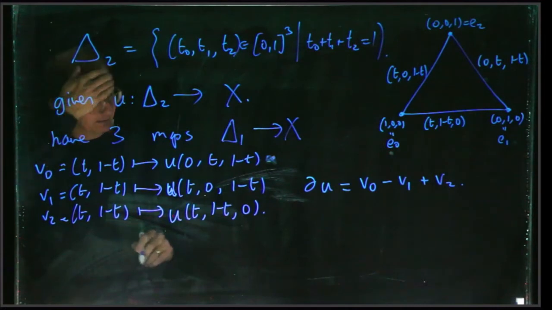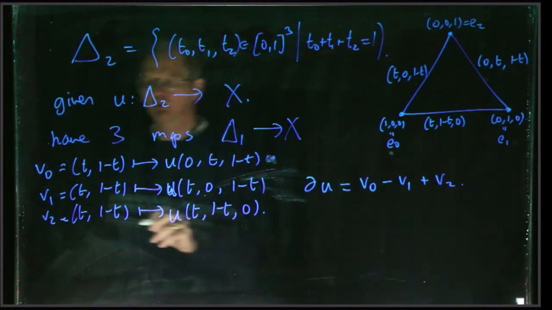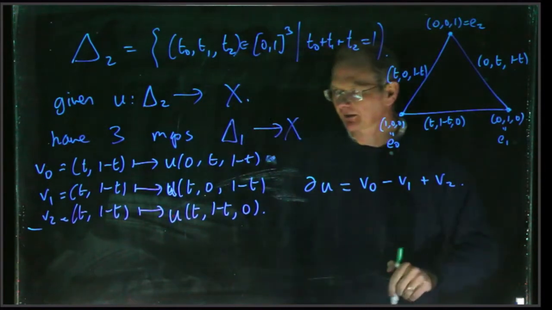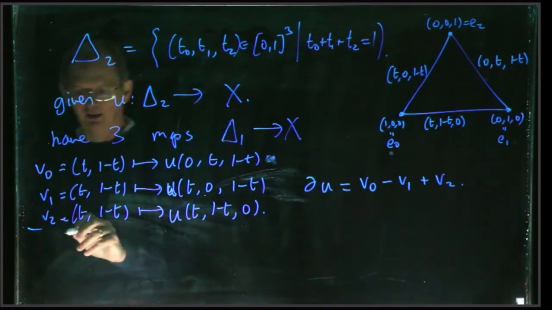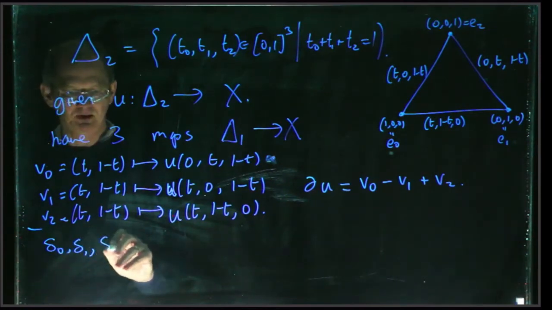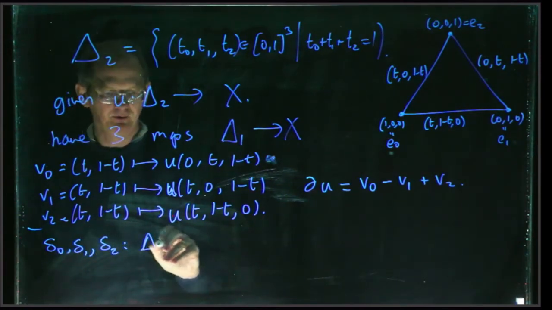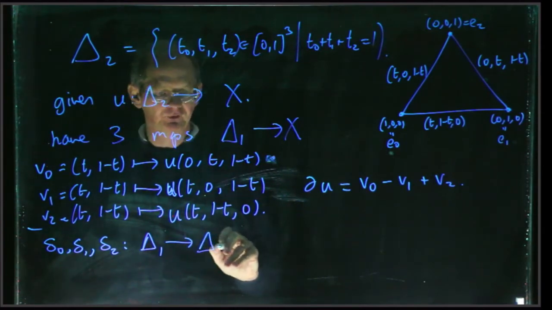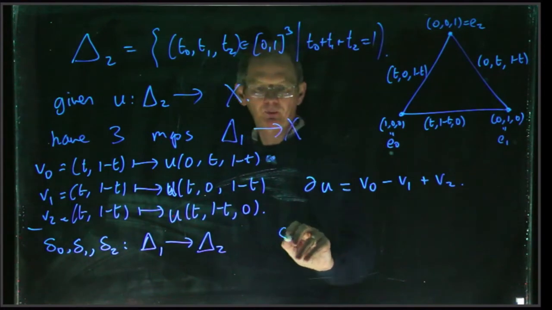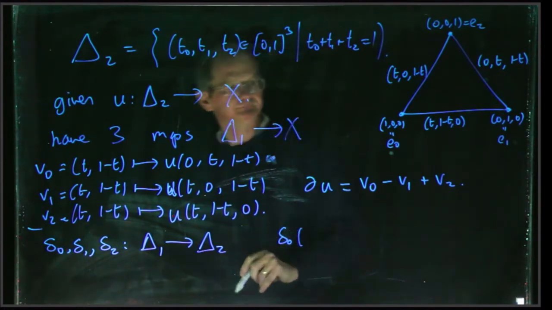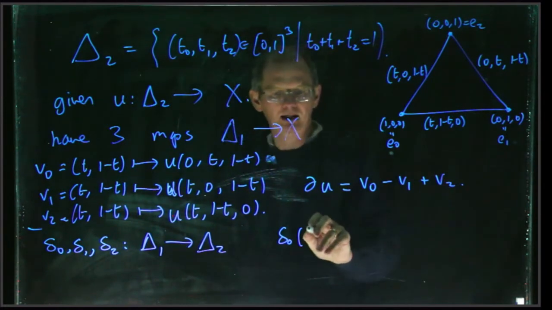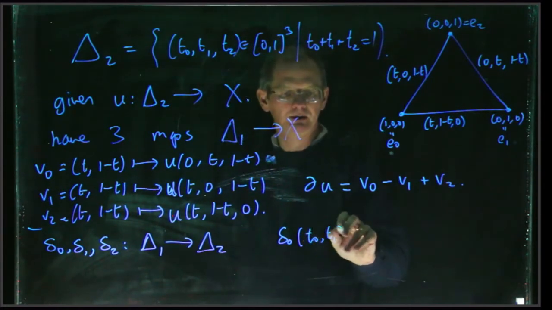Or another way we can say it, which makes it easier to organize what we're saying and generalize it to higher dimensions, is like this. We define delta 0, delta 1, delta 2. These are the three maps from delta 1 to delta 2, the inclusions of these three faces that we've drawn along here. So delta 0 is basically this map here, but we'll write it in a slightly different way: (t0, t1) goes to (0, t0, t1).